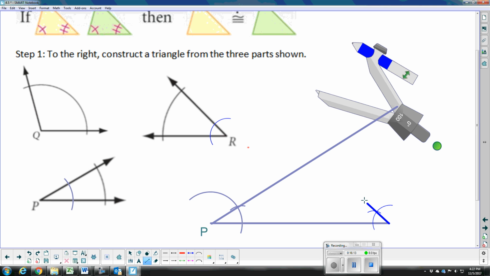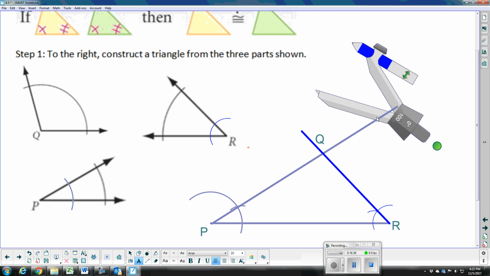So again, I called that R. There we go. So I'm just going to label my points R, and then this will be angle Q. And if you measure it, you'll see that it's the same. It's a little bigger than 90 degrees.